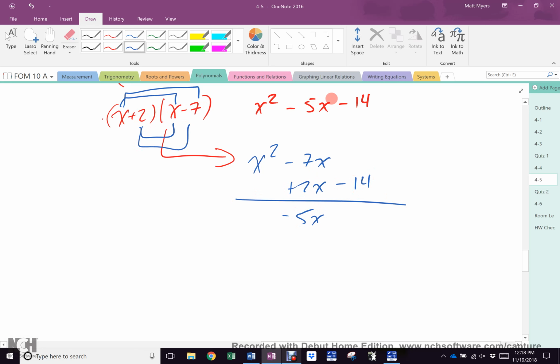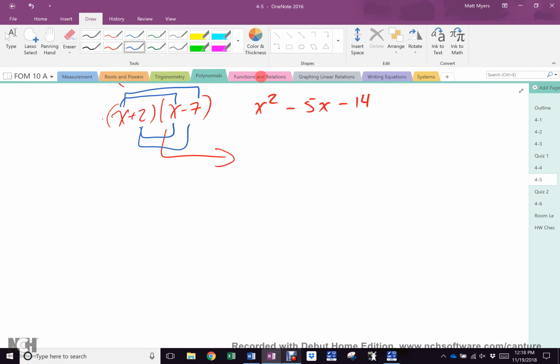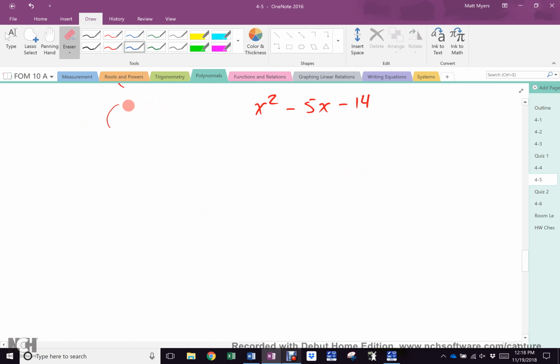So again, what would you do when faced with that? No pain, no gain. You know how we got there. We added the two terms in the factors.